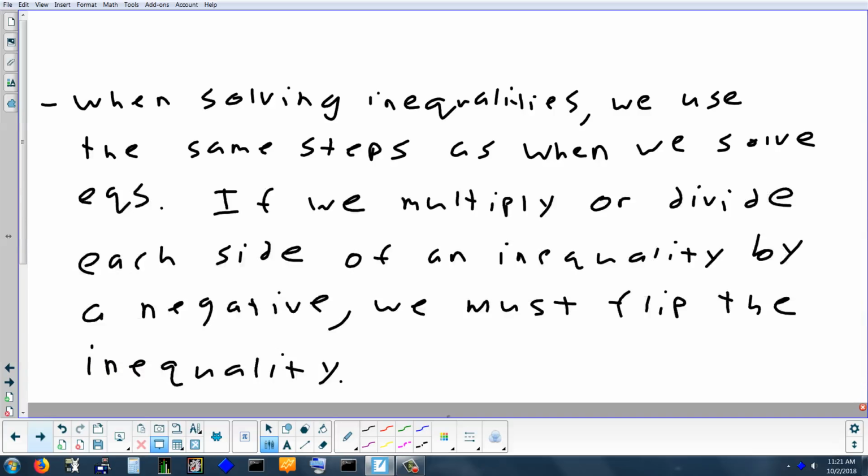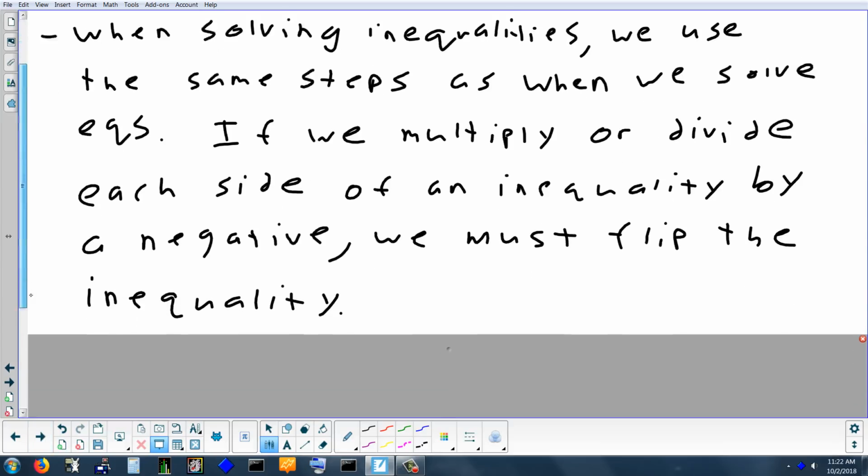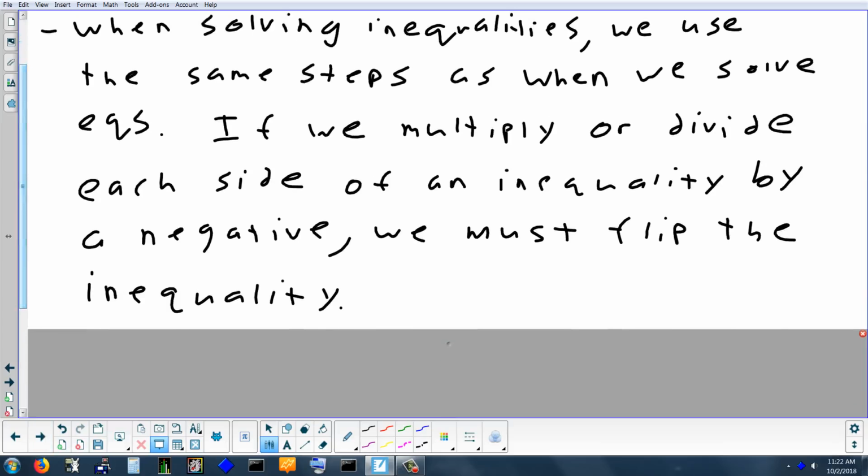So you can shorten that up if you want to, but basically if you multiply or divide each side of an inequality by a negative, you have to flip the sign. So when you're adding, you don't ever have to worry about flipping. Subtracting, nope. Just multiplying and dividing by a negative.